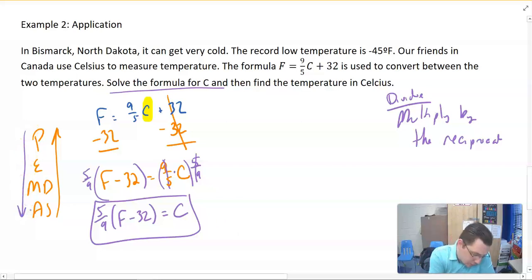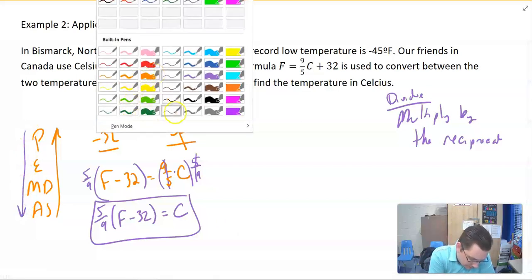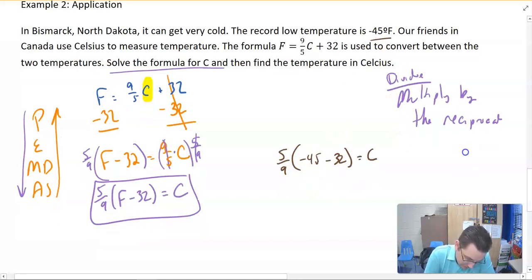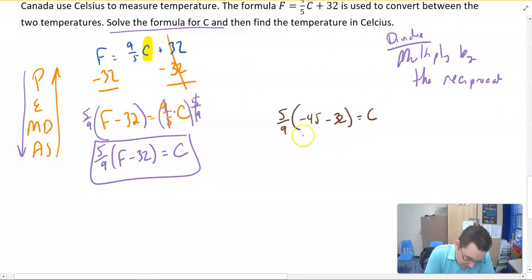In this case, we're going to plug in that negative 45. Doing that, we get 5/9 times negative 45 minus 32 is equal to C. Negative 45 minus 32 is negative 77.